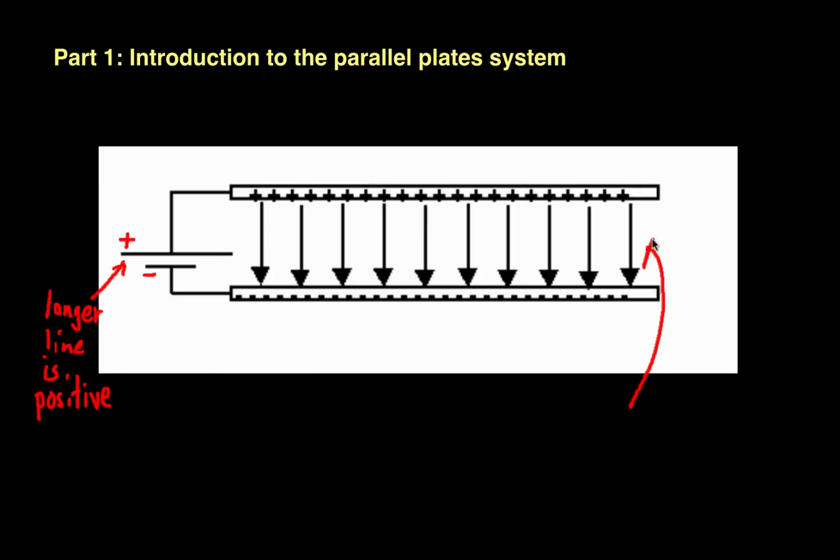Because the two plates have a different charge, there's always an electric field between the two plates. What makes the parallel plate system unique is that this electric field is constant between the two plates.